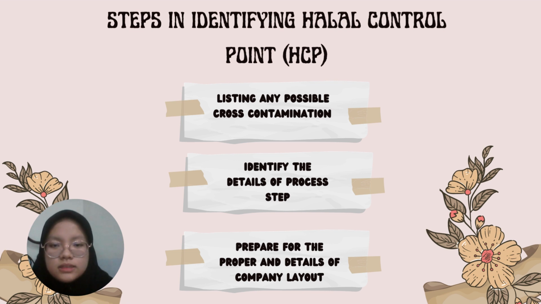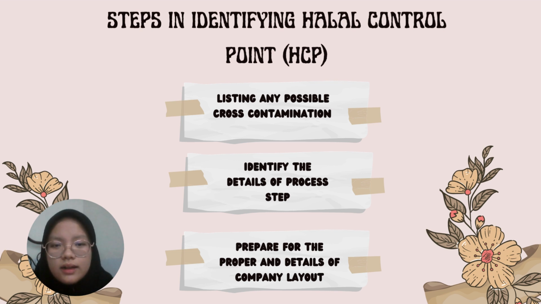For me, it's easy to identify the halal control point through the people, meaning the workers. Workers go to the factory every day and can bring disease, or if they don't use proper PPE, that can be a possible cross-contamination.